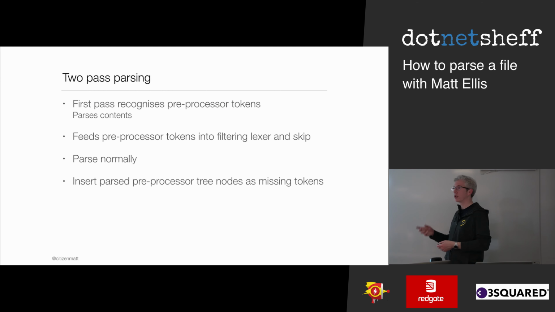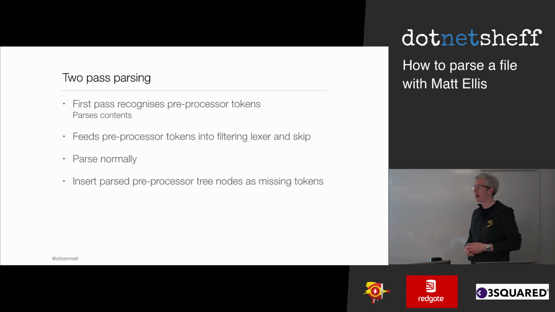The first pass looks for these preprocessor tokens, and it parses those contents, and it feeds that information into another filtering lexer. And when you normally would ask for a token there, it says, this is preprocessed stuff, I don't return anything, and it would skip that and then give you back the next significant token.